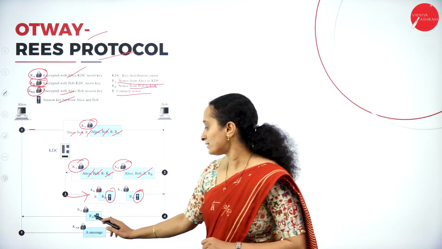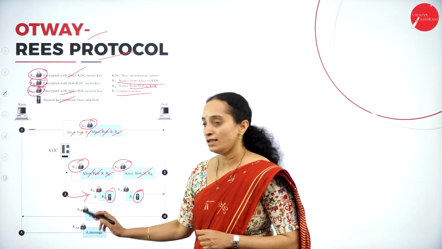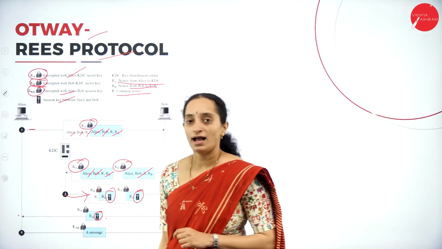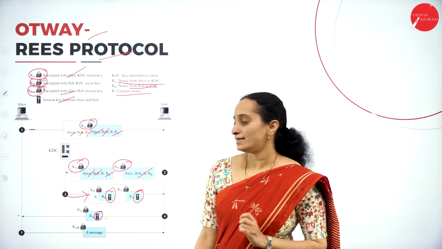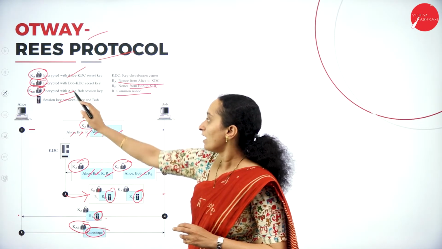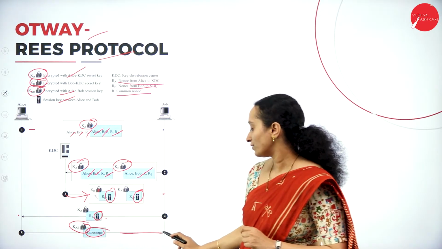Bob, what he will do is, he will send the nonce value and the session key along with the secret key of A to Alice. So Alice responds to this message by the receiver and passes a message along with the encrypted session key to Bob.